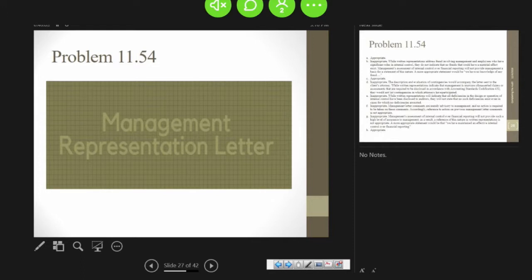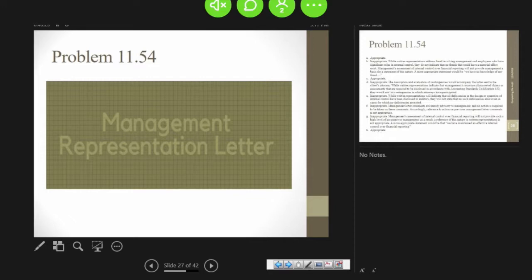So again, when you think about the management rep letter, think about management is representing, these are our financial statements. We understand that. We understand that we have to have controls around our financial statements. We understand that you rely on the information that we're giving you, and we've given you unfettered access to our information.